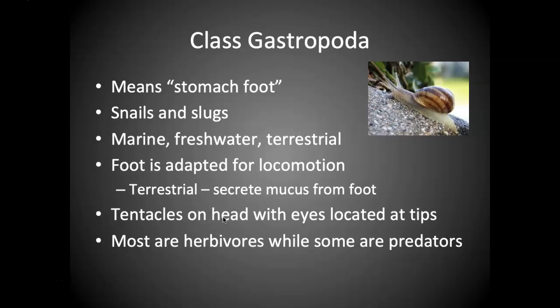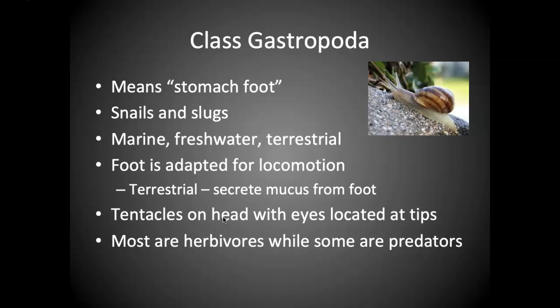In order for, once again, to keep that body moist and that membrane for our terrestrial snails and slugs, they must secrete some type of mucus around the foot in order to keep it moist and allow oxygen to dissolve into its body. It will have tentacles on top of its head. The terrestrial ones usually do, in order for them to see.